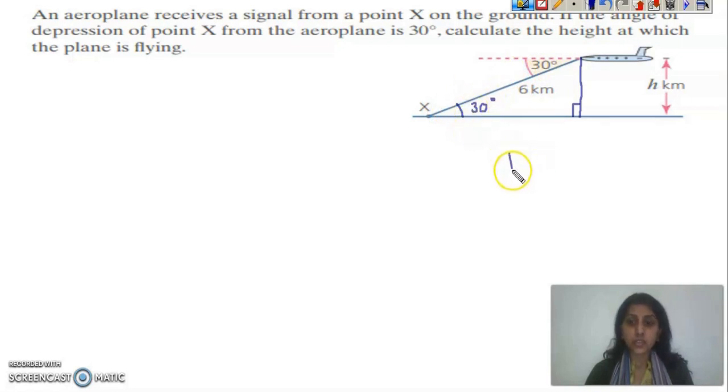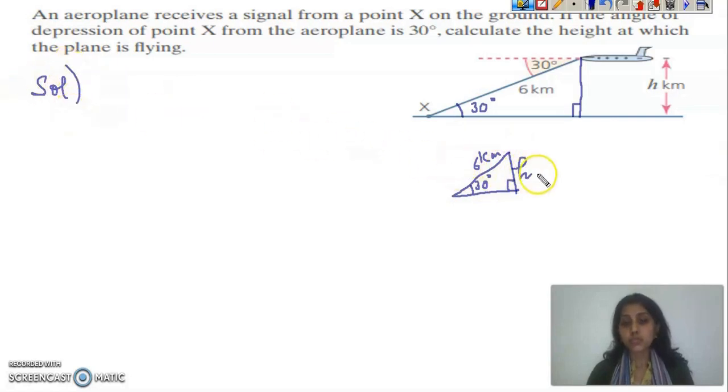So what we have got is a right angle triangle in which this angle is the right angle, this side is 6 kilometers, and this angle is 30 degrees. We have to find this h. We have to see which trigonometric ratio involves these two sides, the opposite and the hypotenuse. That is the sine ratio: sine of 30 degrees is h upon 6.